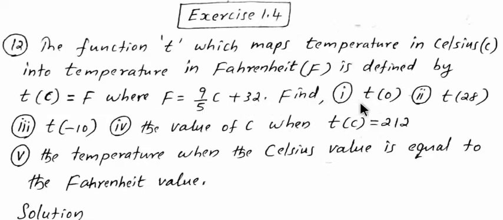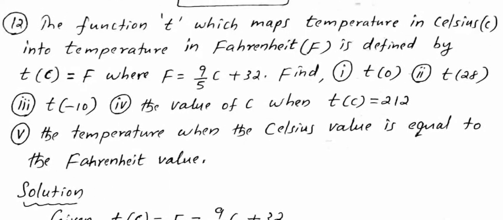Find 1, T of 0; 2, T of 28; 3, T of minus 10; 4, the value of C when T of C is equal to 212; 5, the temperature when the Celsius value is equal to the Fahrenheit value.